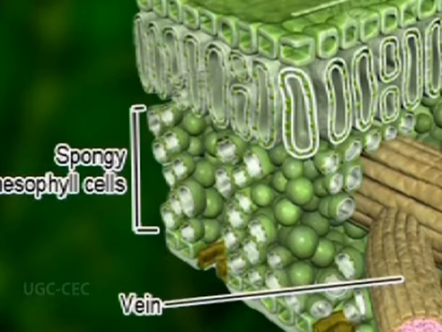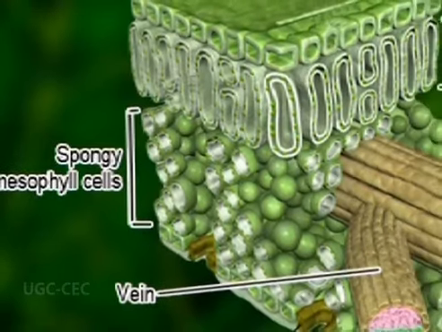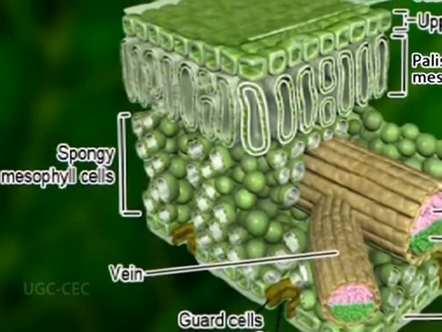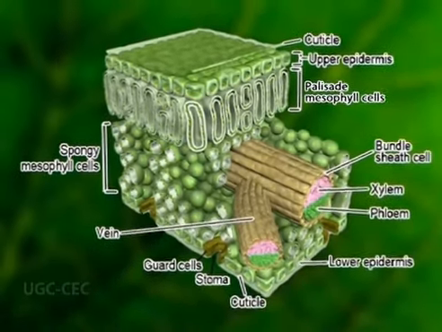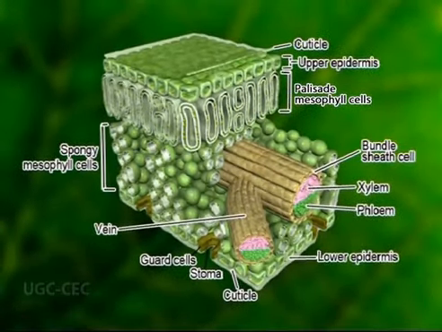This loose arrangement of cells favors high transpiration, as water vapors accumulate in these lacunae and thereby create a water potential gradient with respect to the outer atmosphere of the leaf.